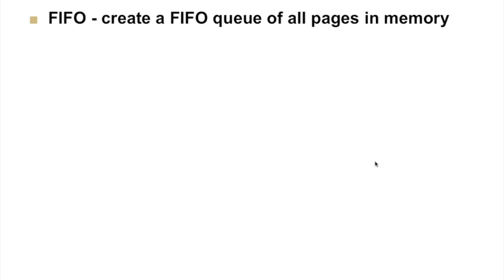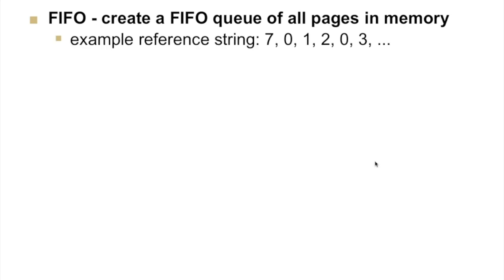The FIFO page replacement algorithm. How does it work? Well, we're just going to create a FIFO of all the pages that we have in memory. And then we can keep track of which one was accessed most recently and which one was accessed furthest in the past.